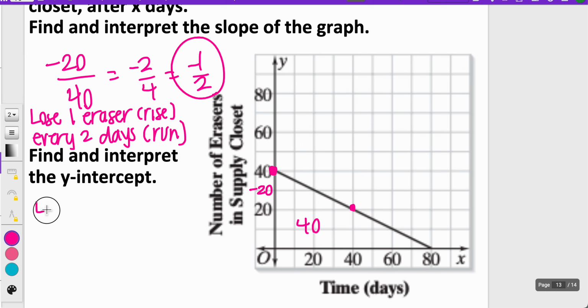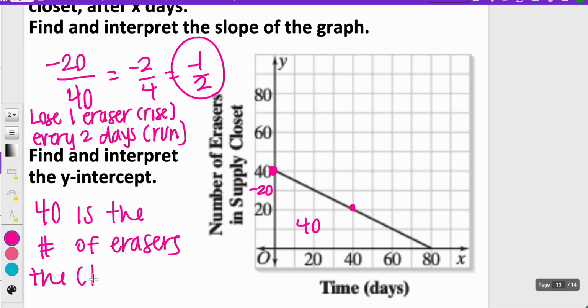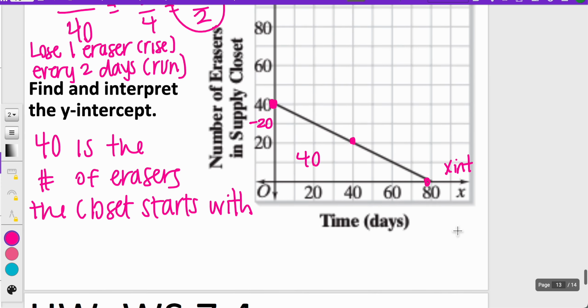The y-intercept is 40 because that's where you started, so 40 is the number of erasers the closet starts with. And then if you wanted to talk about the x-intercept, here's your x-intercept. After 80 days, I'm going to have 0 erasers, so I'd have to replenish after 80 days, okay?